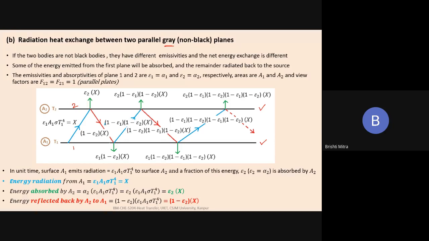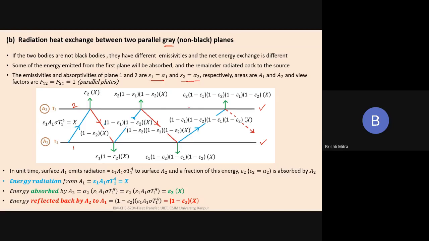Now, if the emissivities of plane 1 and 2 are epsilon 1 and epsilon 2, and the absorptivities are alpha 1 and alpha 2, then from Kirchhoff's law, we can say that epsilon 1 is equal to alpha 1 and epsilon 2 is equal to alpha 2.